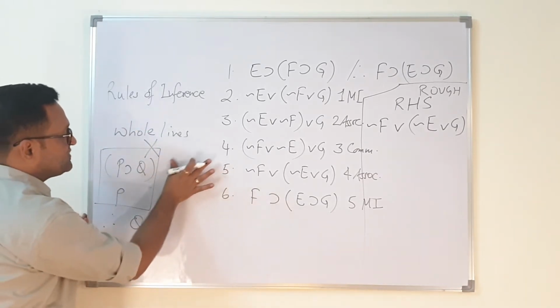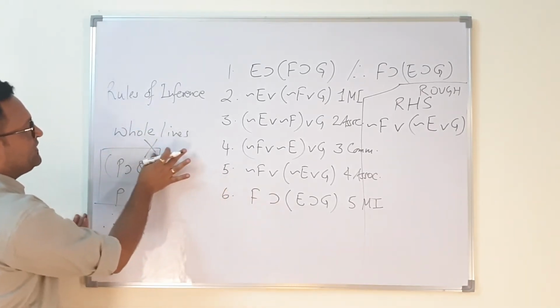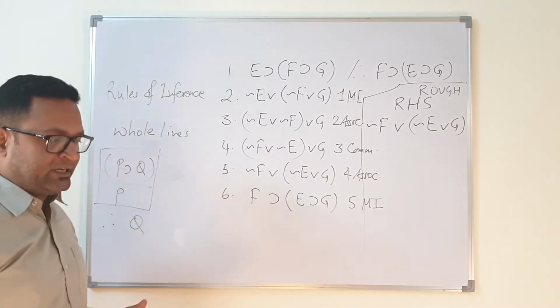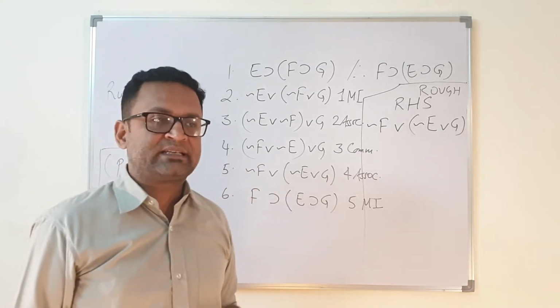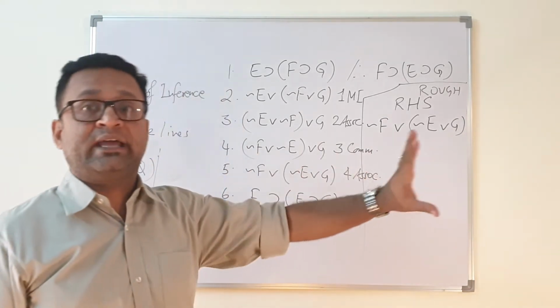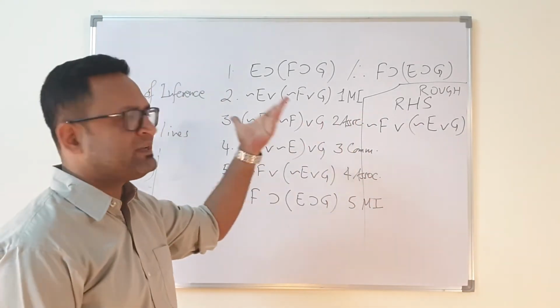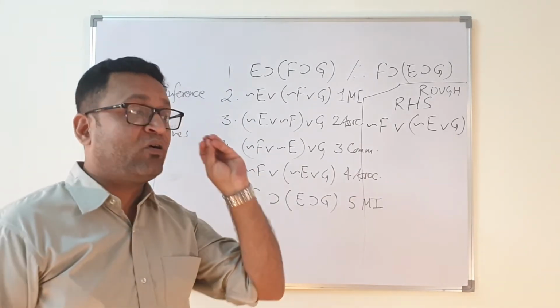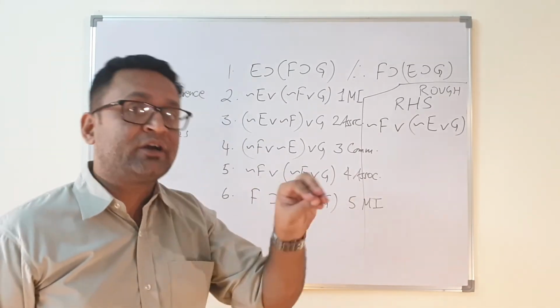If this R is not there, then only you can use this rule. But if this R is here, you cannot use the rule. That means that rules of inference can be applied only on whole lines. Rules of replacement are also used on whole lines, but rules of replacement can also be used on part of the line.